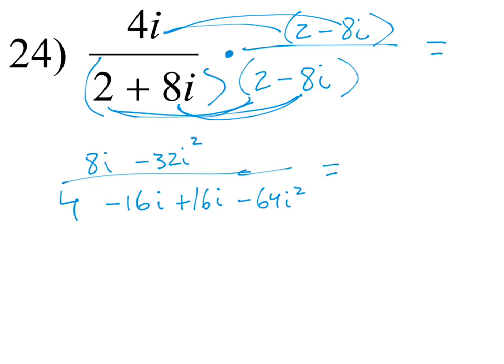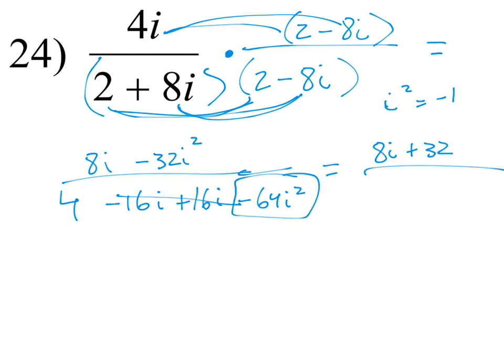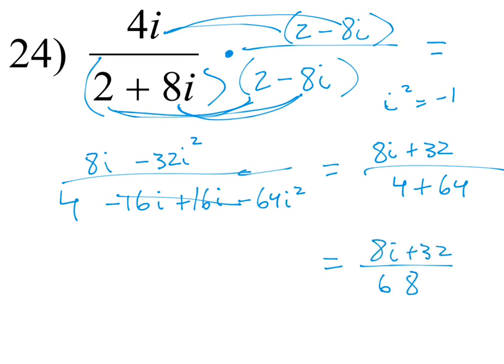Remember that i squared is negative 1, so this is going to turn into positive 32, so we got 8i plus 32 on top. And then on bottom here, these cancel because they're opposites, and you add them, you get 0. This part here is going to become positive 64, so the bottom is 4 plus 64, which will make the bottom now 68.